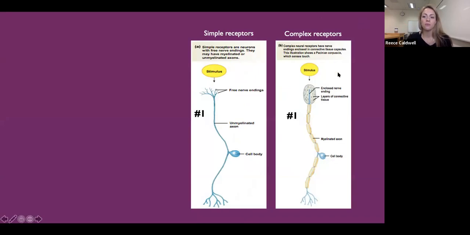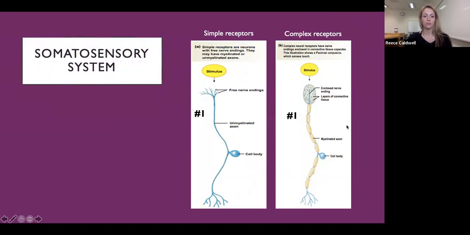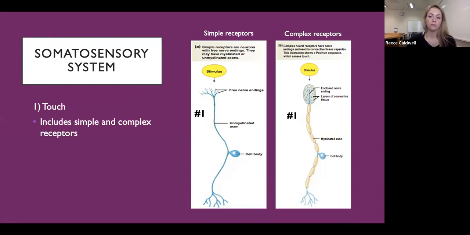Again, our simple and complex receptors go together as they both work throughout the somatosensory system, which deals with touch. They have differing functions when it comes to perceiving touch.